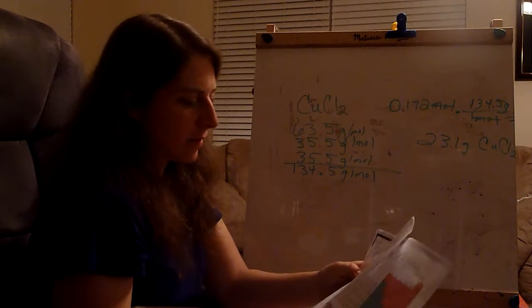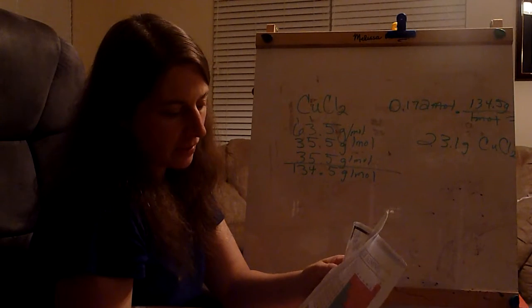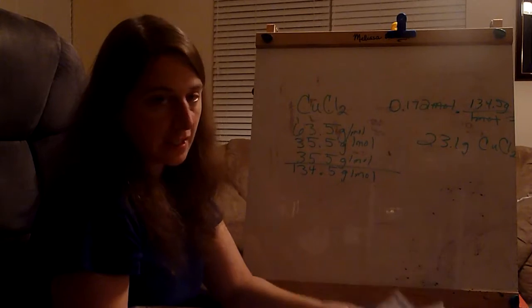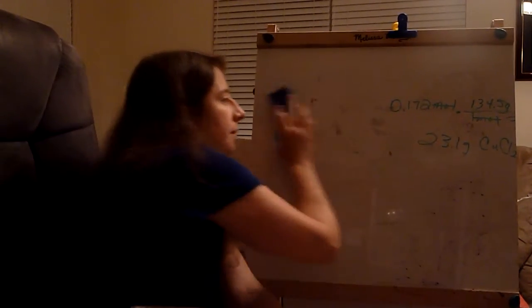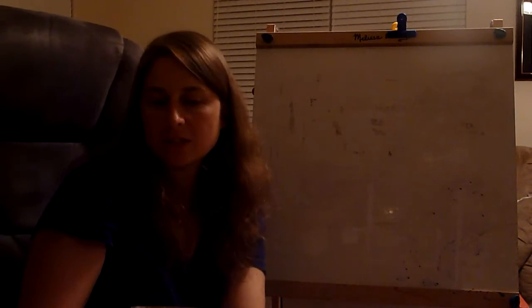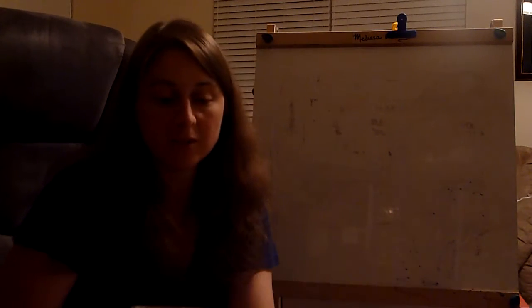Alright, so number 9, how many grams are in 15 moles of Ce? So, if you look, you'll find Ce is cerium, I really hope. Maybe I'll look just to make sure, because it's really embarrassing to make a mistake on a video. Ce is cerium.